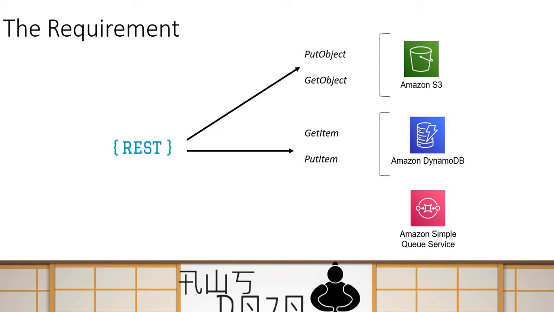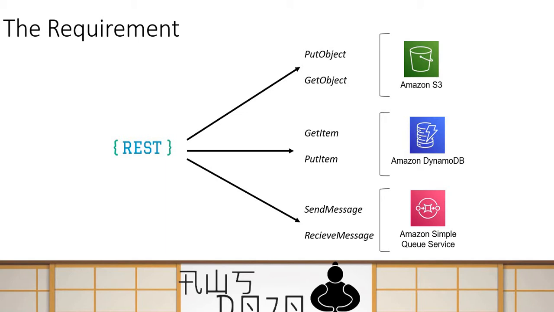Or if you're talking about DynamoDB, then you want to get item or put item. There's no other business logic in between. And similarly, with a queue service, SQS, then send message, receive message. So sometimes you have a requirement where you need to create an API for one AWS service, but in the API you don't want to put any kind of business logic.